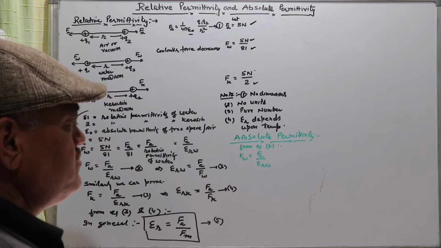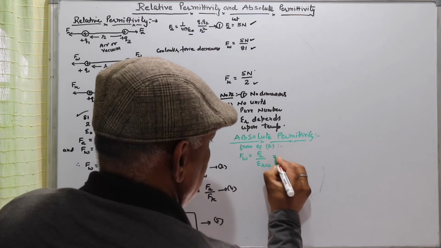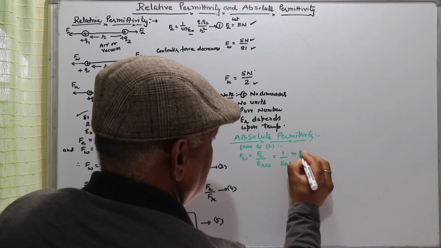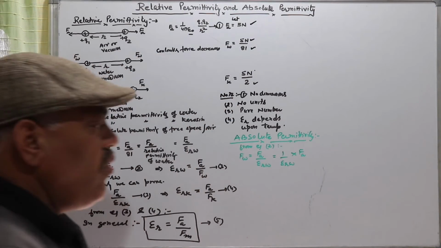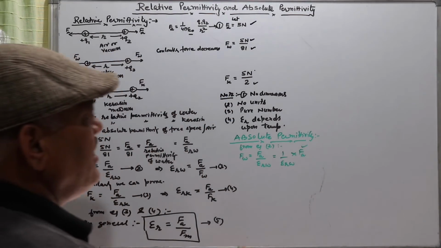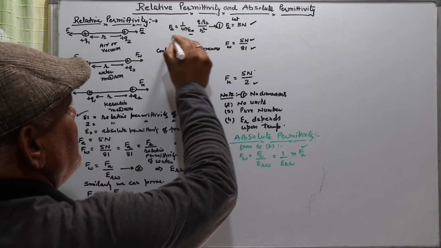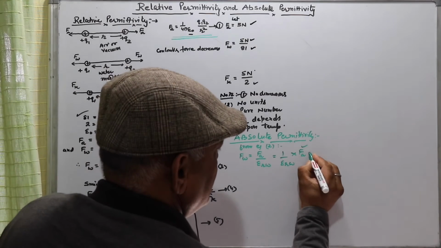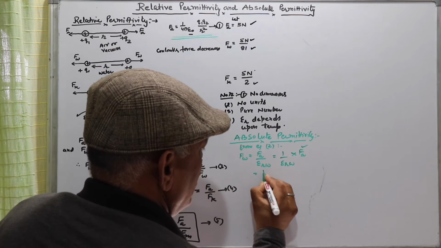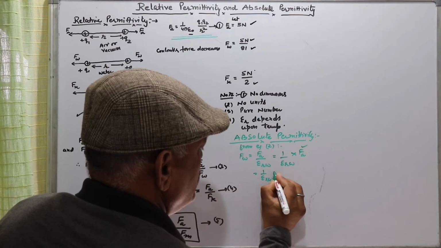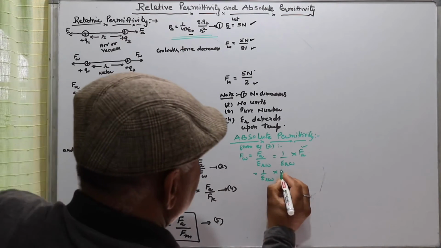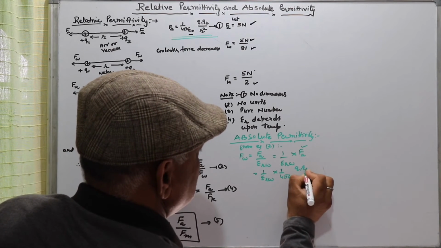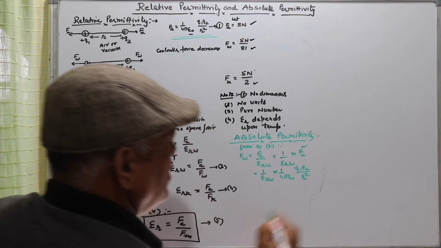Now we can write 1 upon epsilon Rw into Fa. Now put the value of Fa from equation number 1 here. This is equation number 1. Put the value of Fa, that is 1 upon 4 pi epsilon naught, Q1 Q2 upon R square.